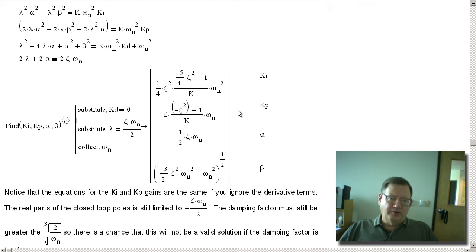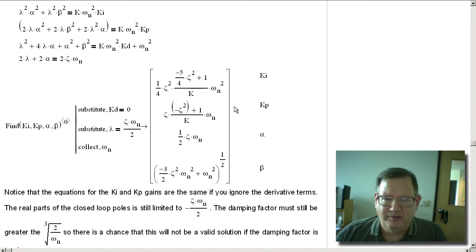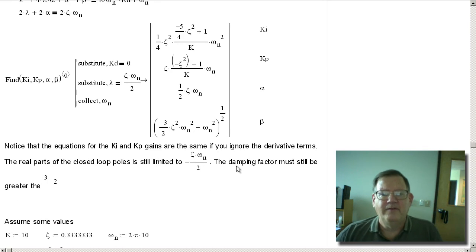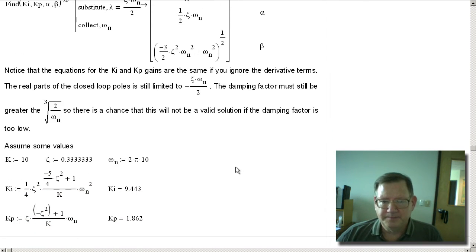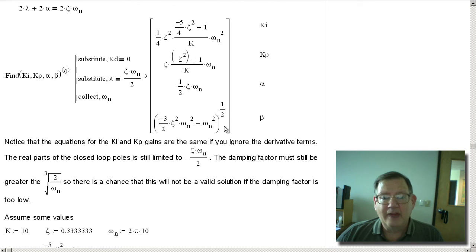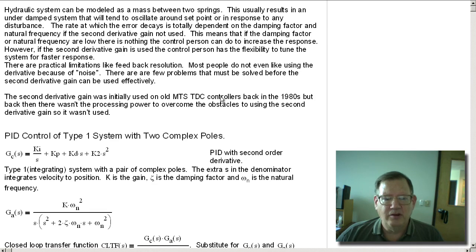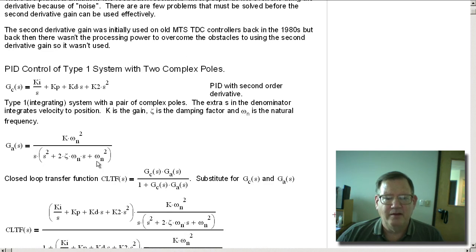So if you've ever done closed loop control with a hydraulic system and you've tried using the derivative gain and you tried just using proportional and the integrator, and you find that it doesn't make any difference if you use the derivative gain or not, well, now you know why. It really doesn't help to use the derivative gain on a hydraulic system unless you go all the way back to the beginning and you use the second derivative gain also.